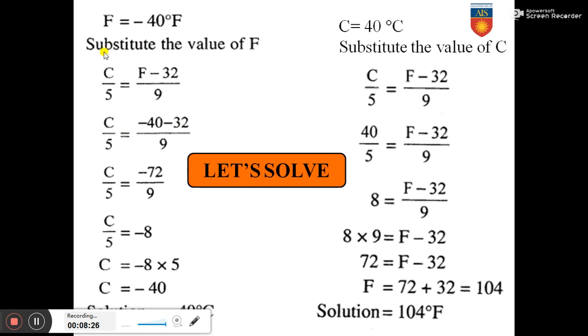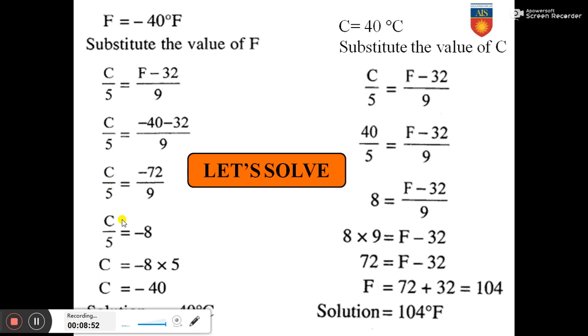From here, if you substitute the value of F in this equation, it becomes C by 5 is equal to minus 40 minus 32 by 9. We are substituting the value of F over here. So minus 40 minus 32 by 9 is how much? 40 plus 32 is minus 72. Two minus signs, so we add them. So minus 72 by 9. We know that 8 9s are 72.